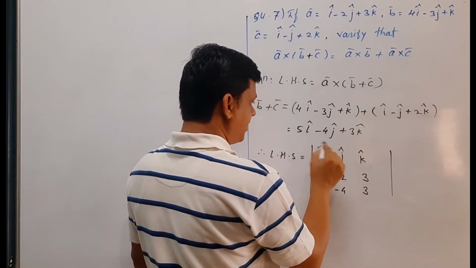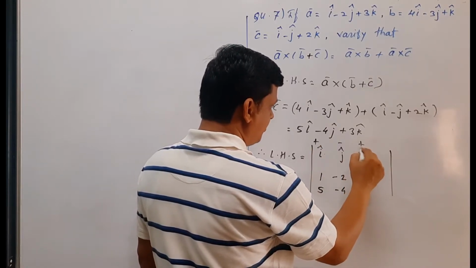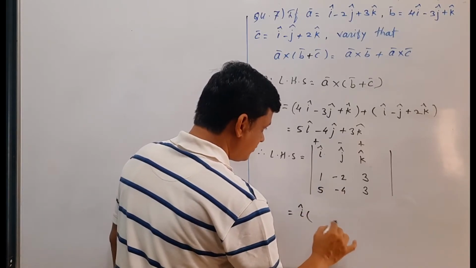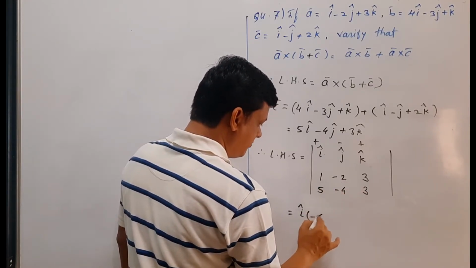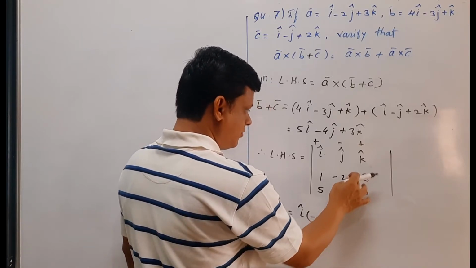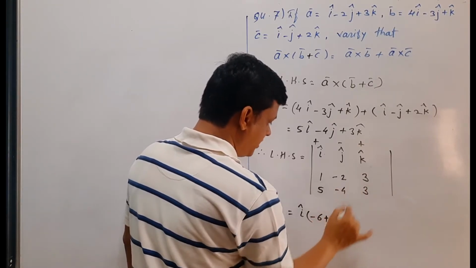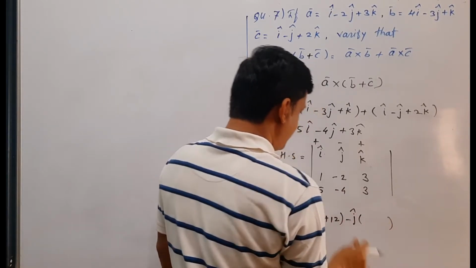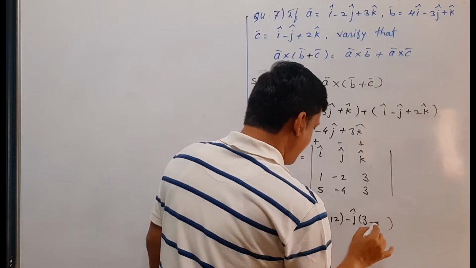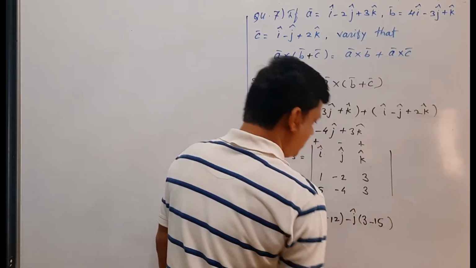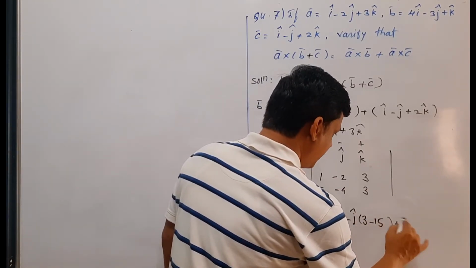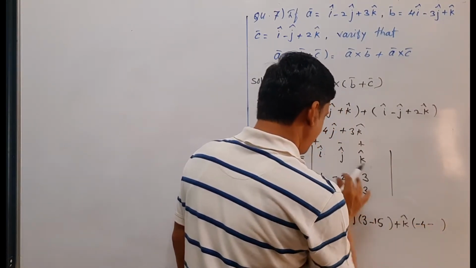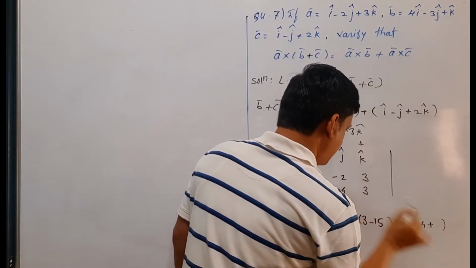So calculate this determinant, plus minus plus, so we write here i into minus 2 into 3 minus 6 minus, so minus minus plus, 4 3s are 12, then minus j cap into 1 into 3 is 3 minus 5 3s are 15, so 3 minus 15, plus k, 1 into minus 4 is minus 4 minus minus minus plus 5 2s are 10.